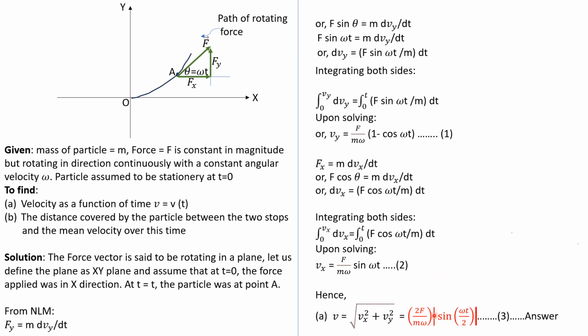It is important to understand why it has been put under modulus: V is a positive quantity, while sine can be positive or negative depending on the angle. So we have to keep sin omega t by 2 inside the modulus to make V all the time positive, because it's a magnitude.